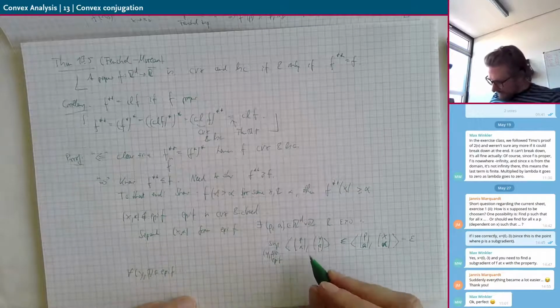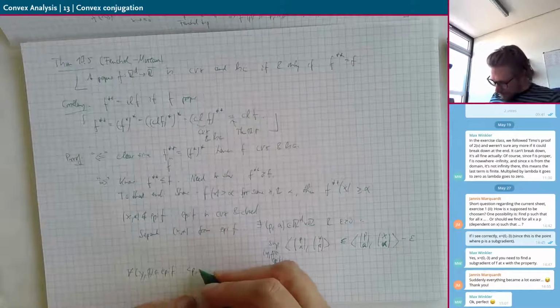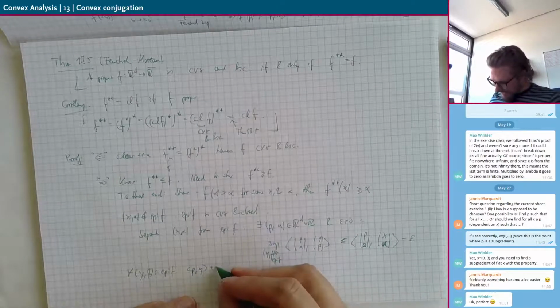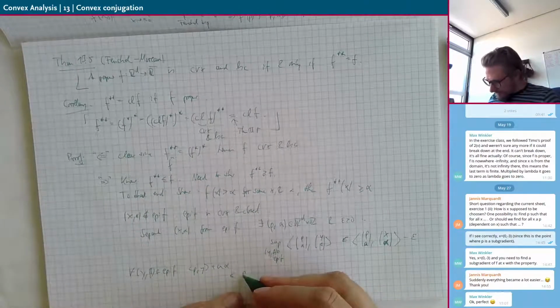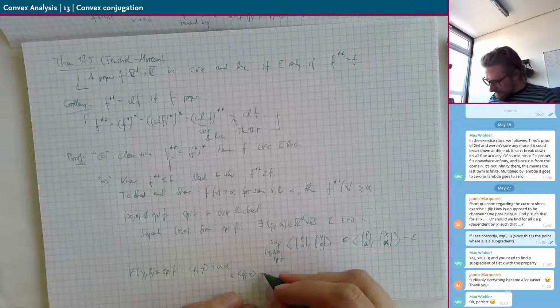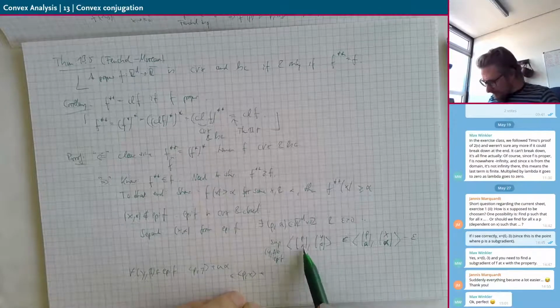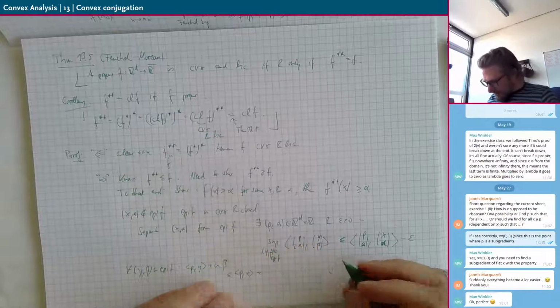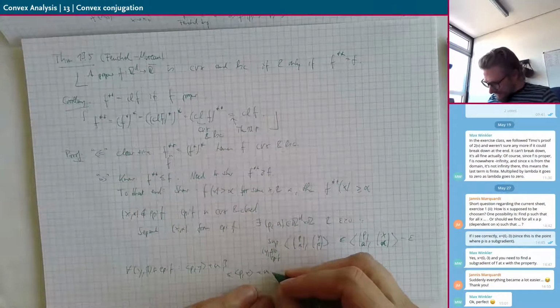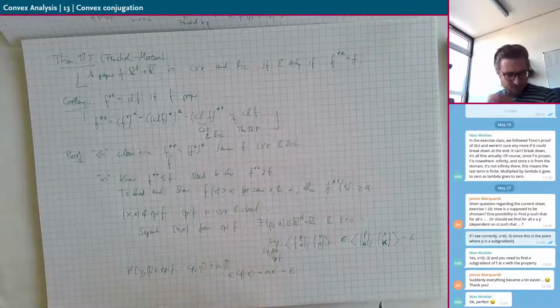This is the inner product, p with y plus a times beta, and this is smaller equal than p with x plus a times alpha, sorry. On the left hand side we have a times beta, and on the right we have a times alpha minus epsilon.